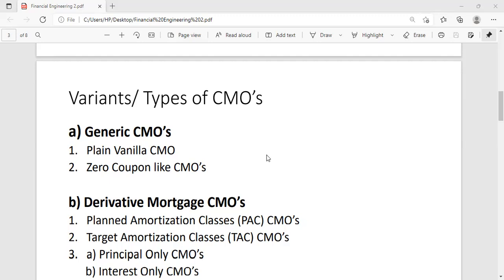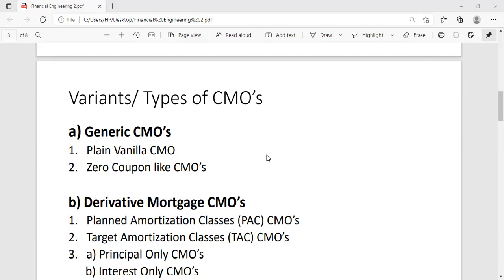I was mentioning the accrual bonds under the zero coupon like CMOs. The accrual bonds generally create residuals. How does this residual make sense in that case?